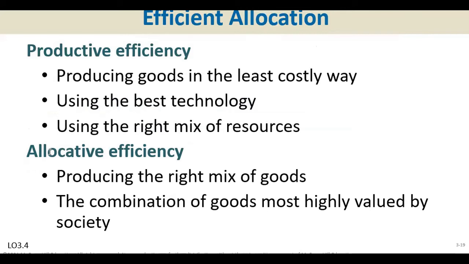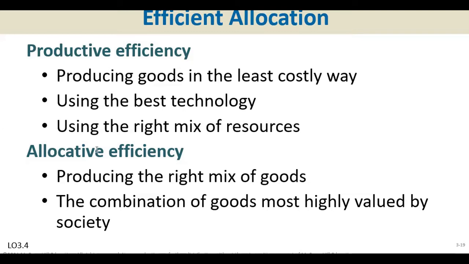So productive efficiency here is producing goods in the least-cost way, using the best technology or innovative ideas, and also finding the right mix of resources, combining labor with capital. What quantity of labor do you need? What quantity of capital do you need to be able to produce the output and deliver that to the market at a very competitive price, okay?